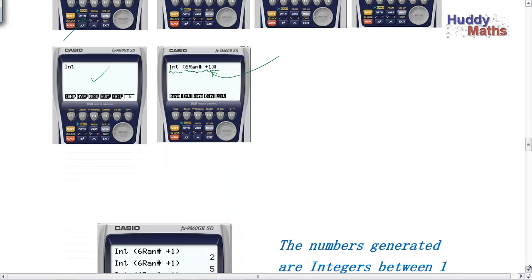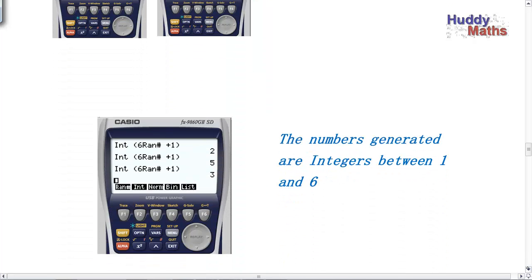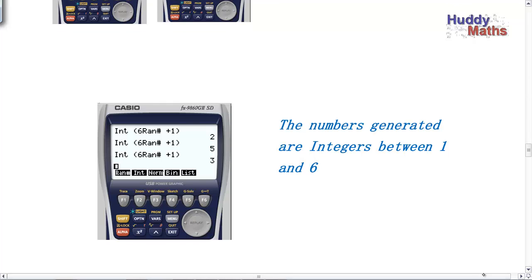Okay, so let's come down and have a look. Did you get this? The numbers generated are integers between 1 and 6. Now, how do you think int is working then? Let's have a look. We said 6 random number plus 1 produces numbers between 1 and 6, all decimals.